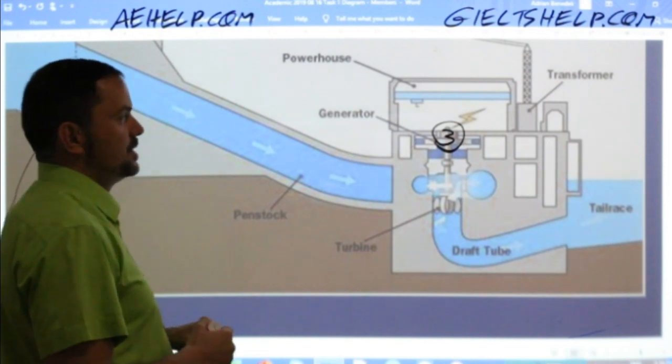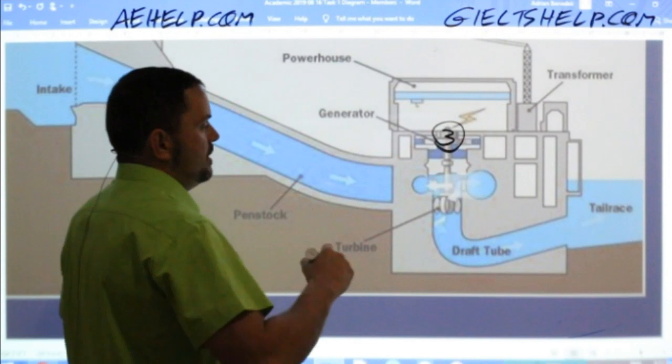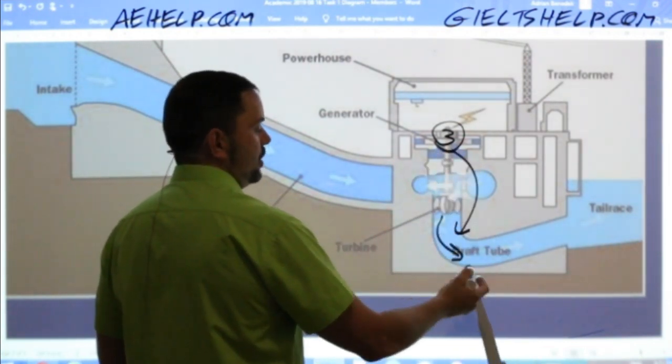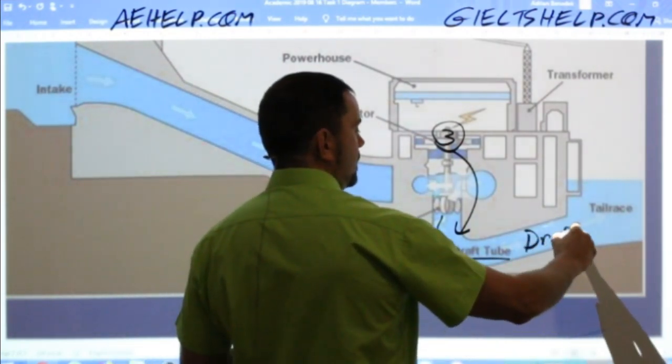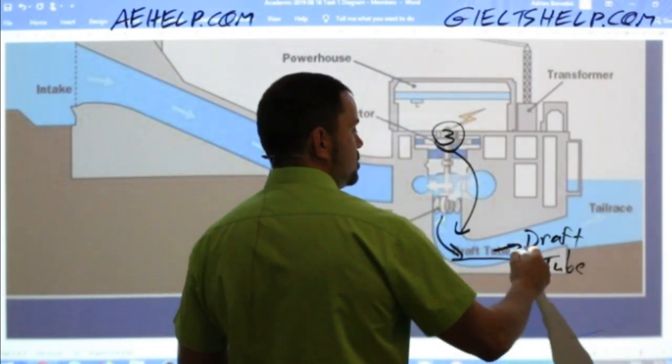Step number 3 is the generator. And in step number 3, you may want to combine this here as the water is exiting through this draft tube. Okay? So this is the draft tube.